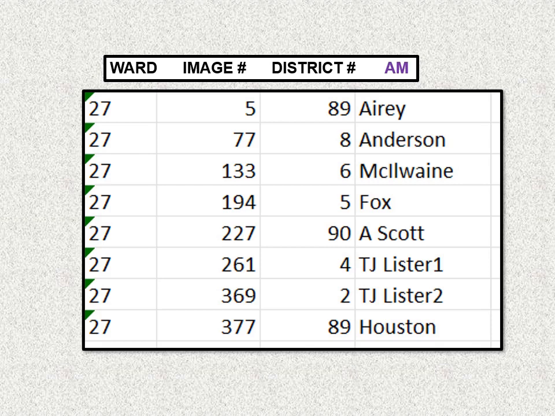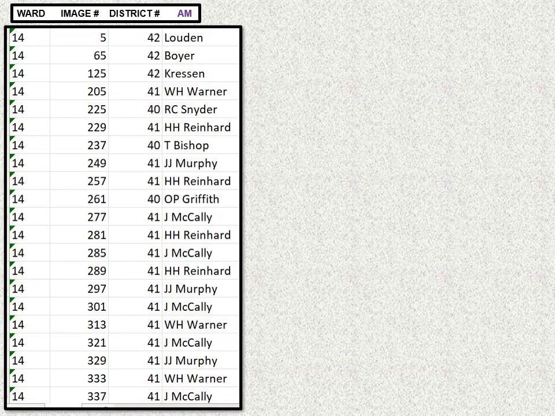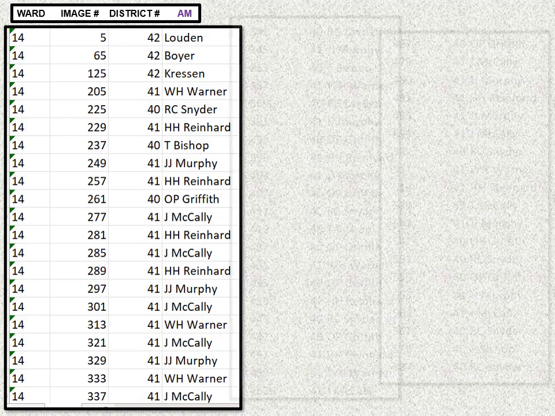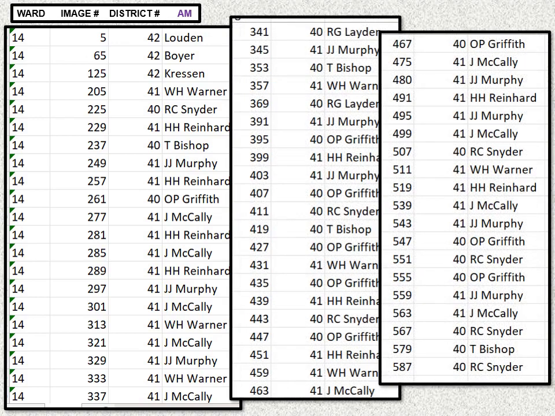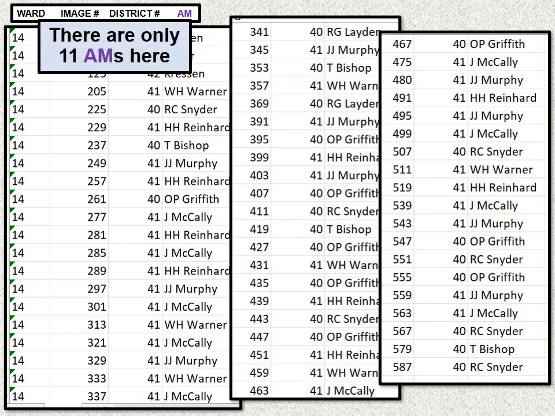Let's turn to what happens in Ward 14. It's crazy. So here is the chaos of Ward 14, the 1870 Philly recount version of 52 card pickup. What I want you to see is there are only 11 AMs here.